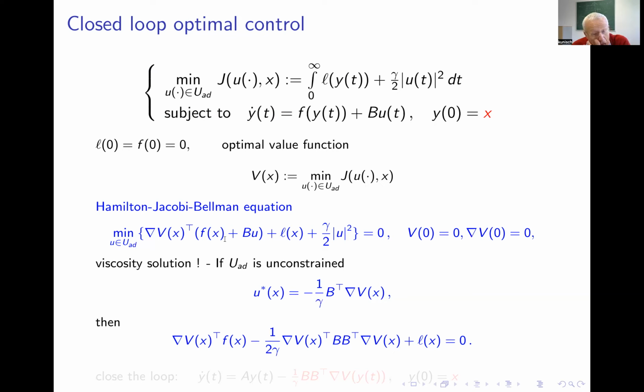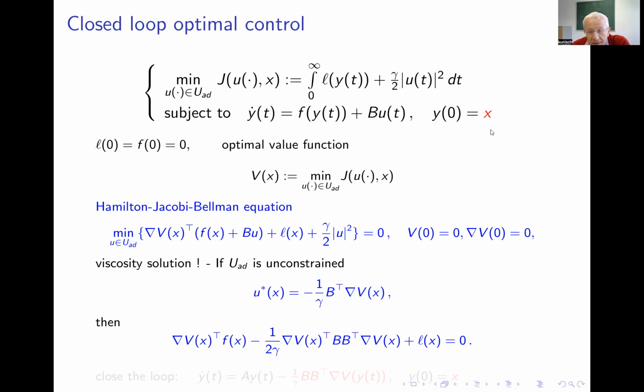And this n-valued, or Hilbert space valued, image of the right-hand side is pre-multiplied by the transpose of the gradient of the unknown V. This is the V from up here. So this value function, as a function of the initial condition, satisfies this nonlinear hyperbolic equation.